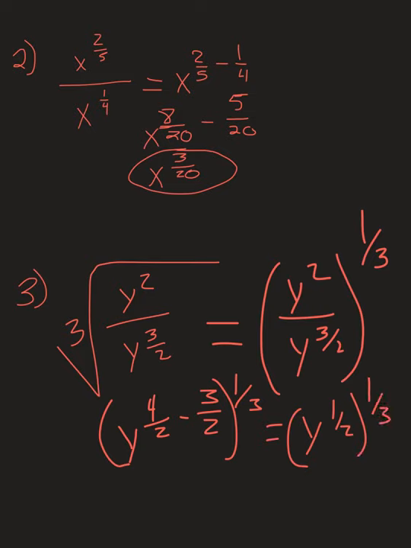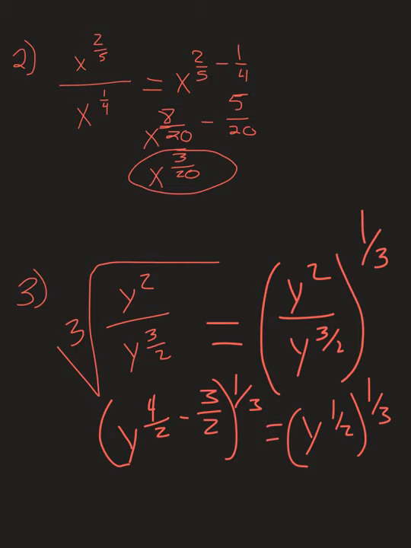So now what happens when we have a variable, our y, raised to a power, in parentheses, raised to another power? What exponent rule applies to this? Okay, I'll give you a second to think about that. I hope what you noticed is that it's the power rule. What the power rule says is that all we need to do in order to break this down is multiply our exponents.